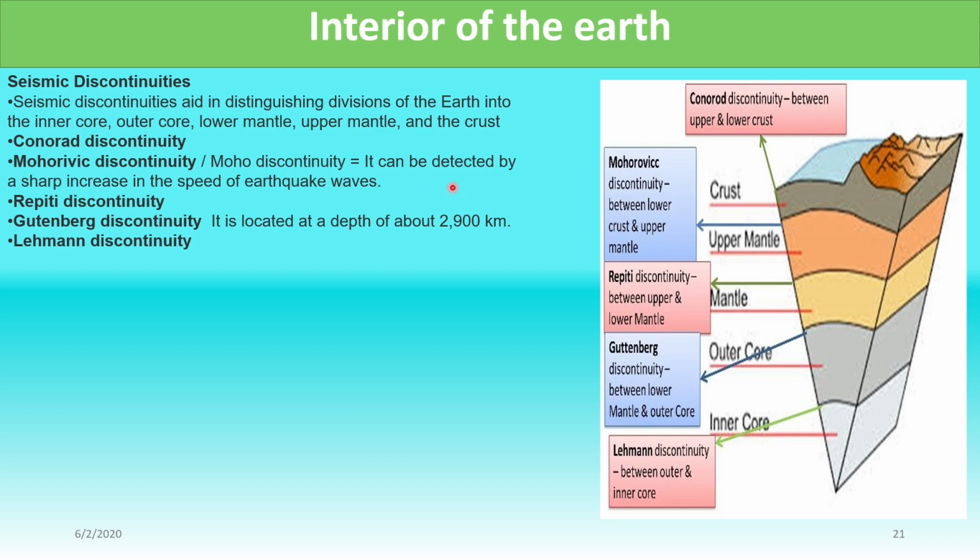Mohorovičić discontinuity can be detected by a sharp increase in the speed of earthquake waves, especially P waves. Gutenberg discontinuity is located at a depth of about 2900 km.